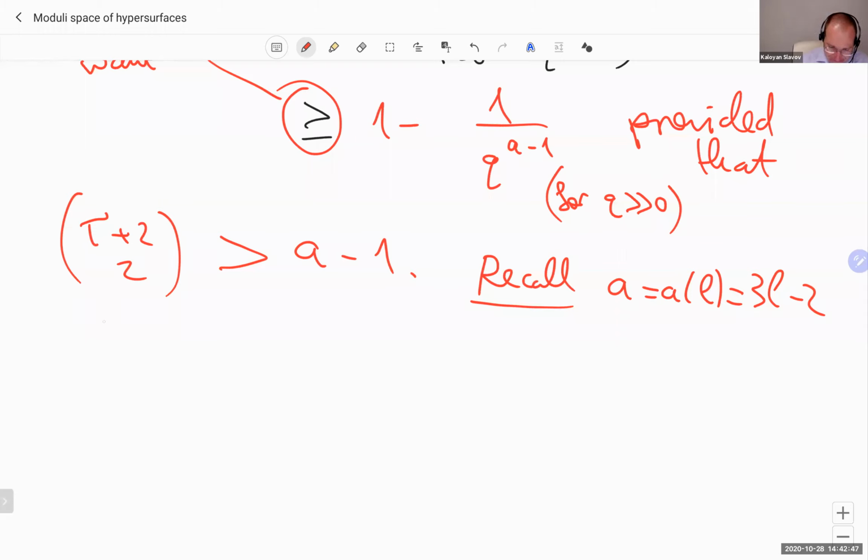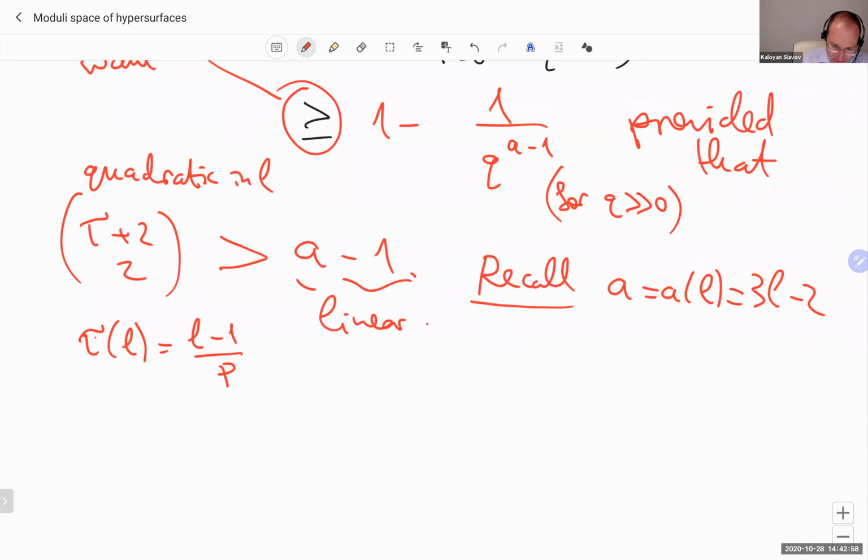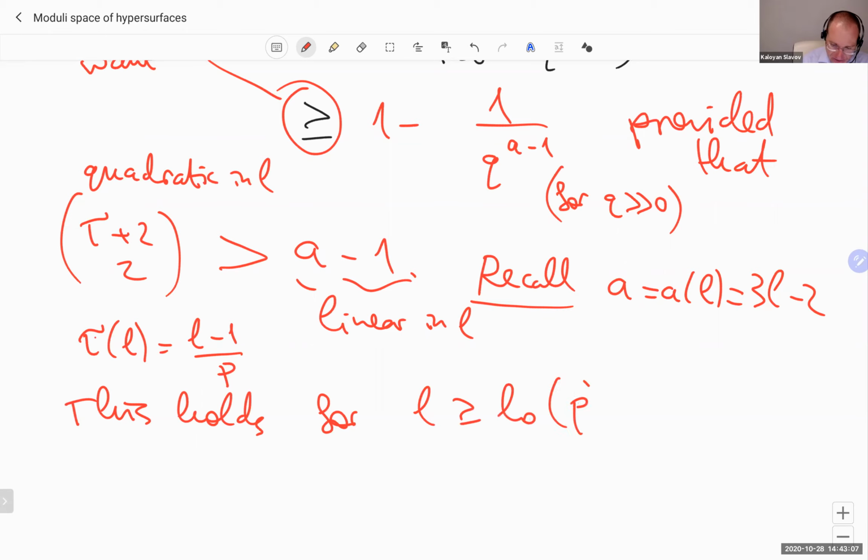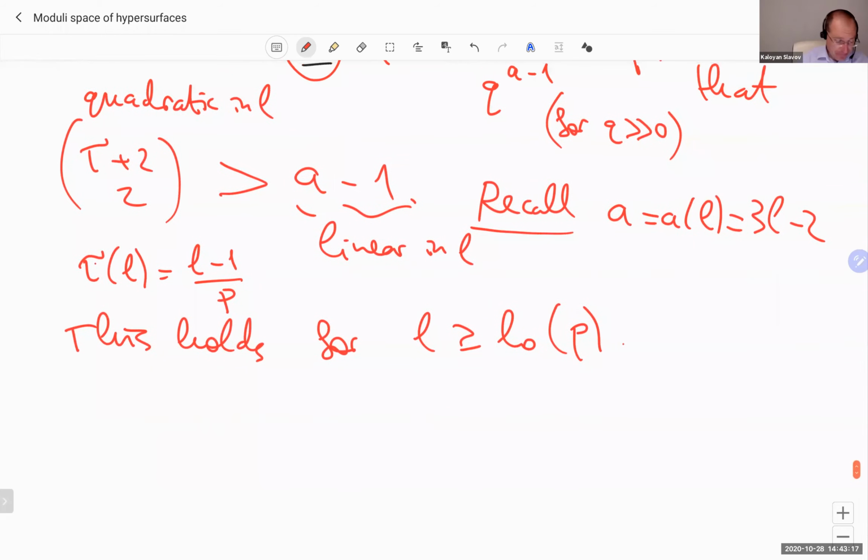And tau of L was L minus 1 over P. So this is quadratic in L, and this is linear in L. So this holds for L sufficiently large, greater than or equal to L0, which depends on P, because tau of L is L minus 1 over P. The inequality for L that you have to solve depends on P. The larger the P, the worse your bound. But there we go.